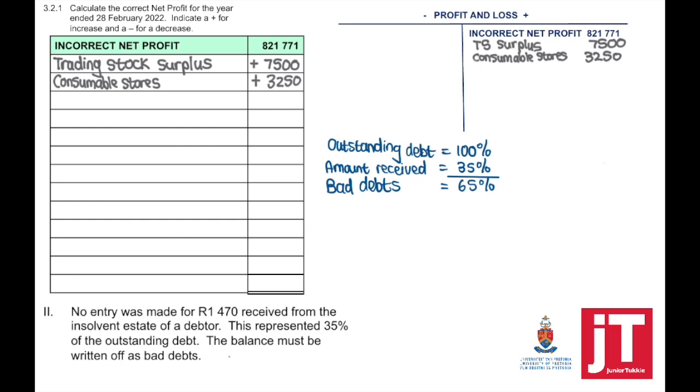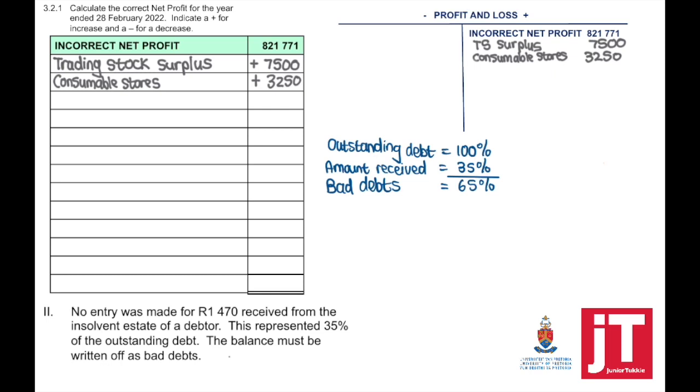The amount received represented 35% of the outstanding debt, which means the bad debts that must be written off will then be 100 minus 35 equals 65%. No entry was made, which means that the amount received must be indicated in bank and debtors control. The amount written off must be indicated in bad debts and debtors control.